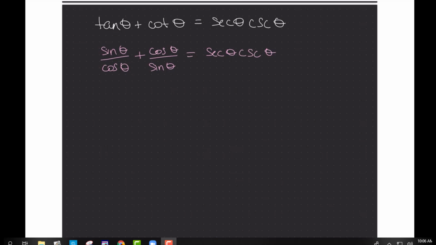right? So I'm going to start off by writing it as two fractions, right? So I want to go with cosine theta sine theta plus cosine theta sine theta, right?